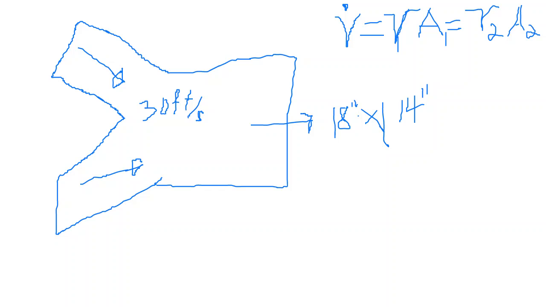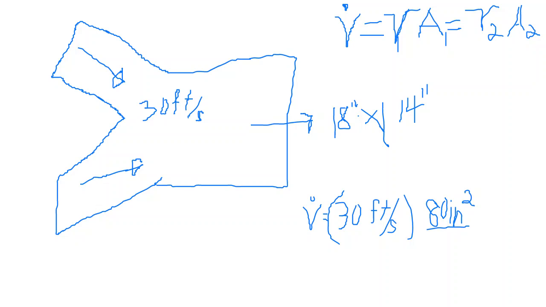So that's what we're doing. If I were to come down here and say V dot is equal to 30 feet per second times 80 square inches, divided by 144.